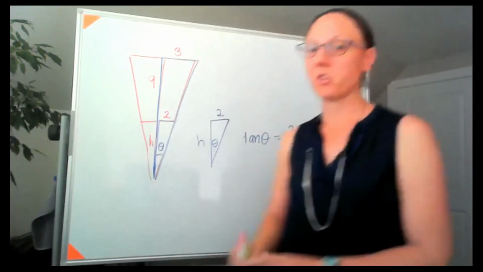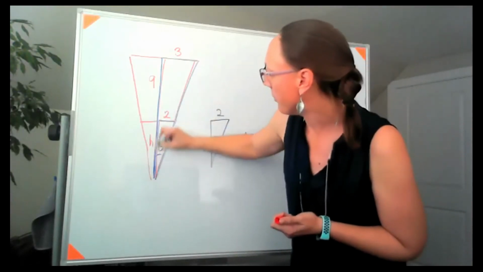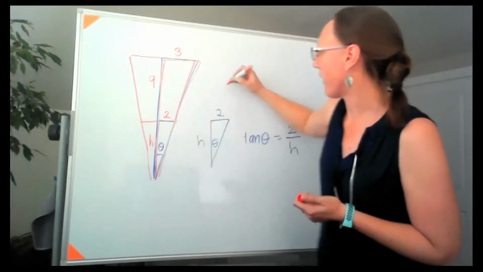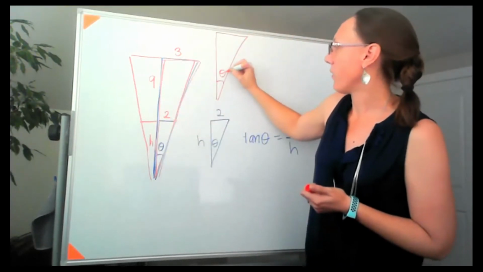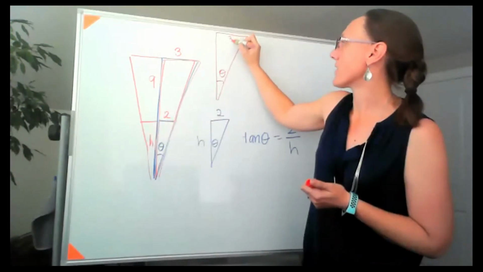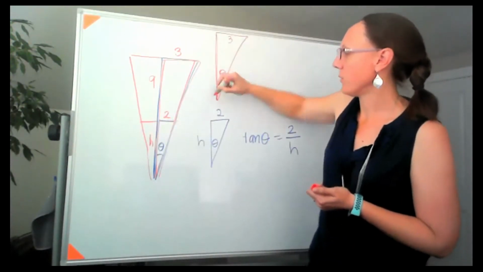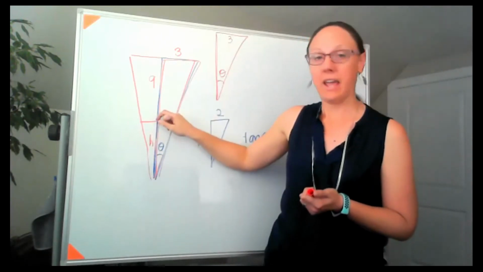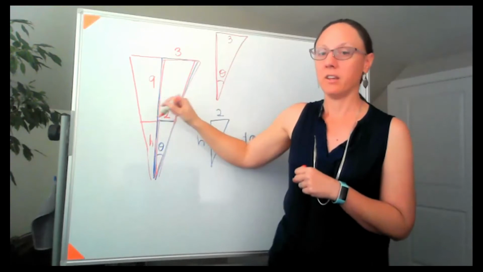Now, if I come up to our larger triangle, this giant thing still had that angle theta. This side was 3, but this side of my triangle was actually h, the part that got cut off, plus the 9 inches of my cup.